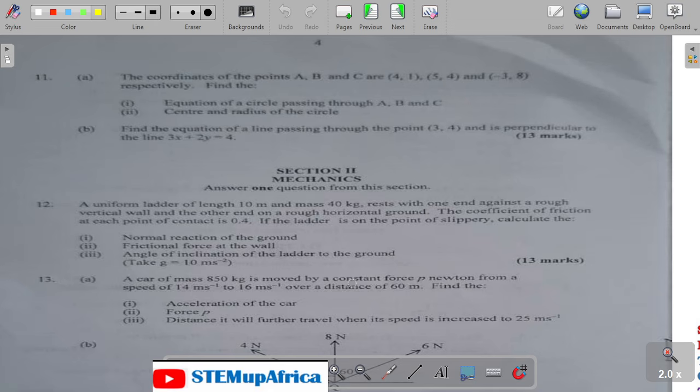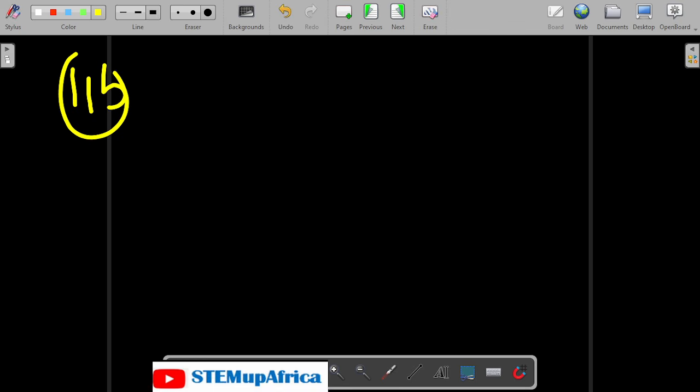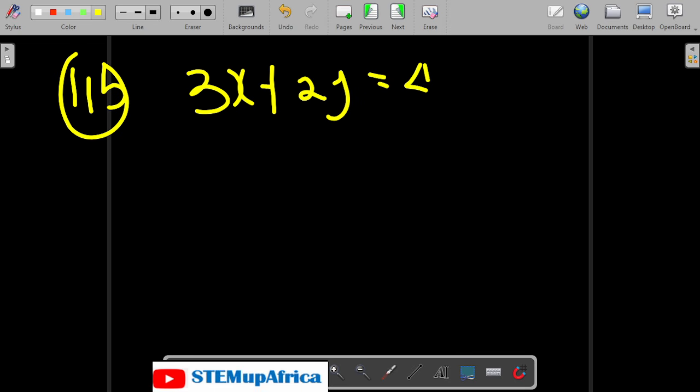Find the equation of the line passing through the point 3, 4 that is perpendicular to 3x plus 2y equals 4. So let's take 11b. 3x plus 2y equals 4. The point is 3, 4. Let's first of all make y the subject.